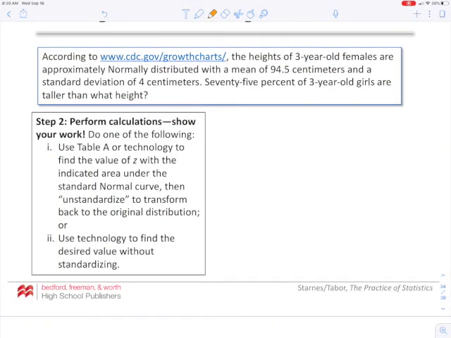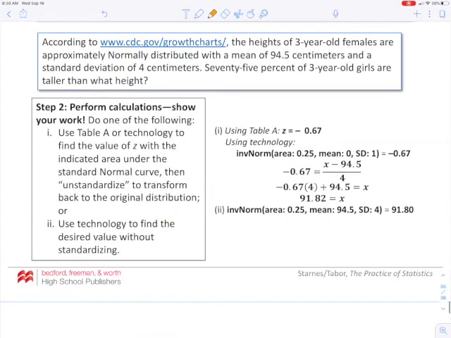So let's work backwards using our table. Using your table, you will look on the inside and you're looking for a proportion.